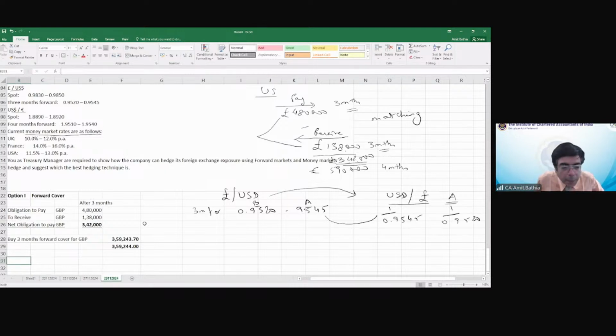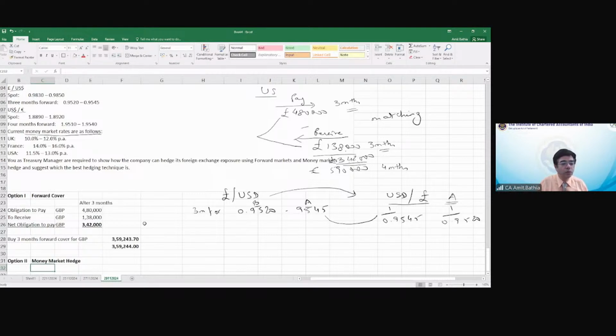Okay? Now, what is my second option? What is the second option I have? Option 2 is money markets. So how do I create a money market hedge?